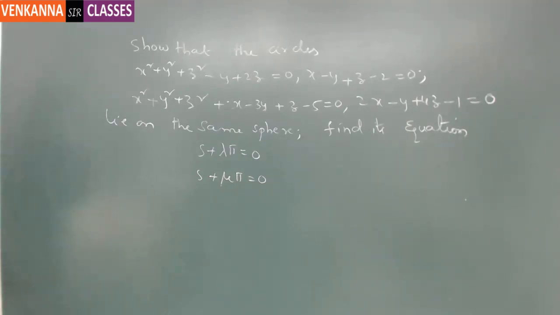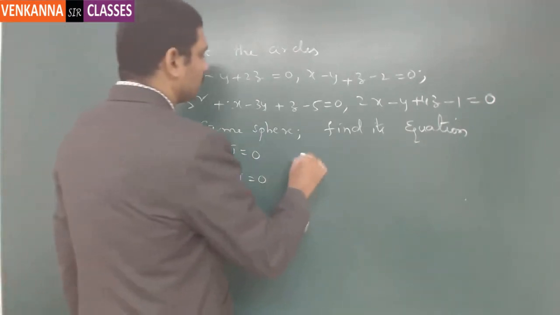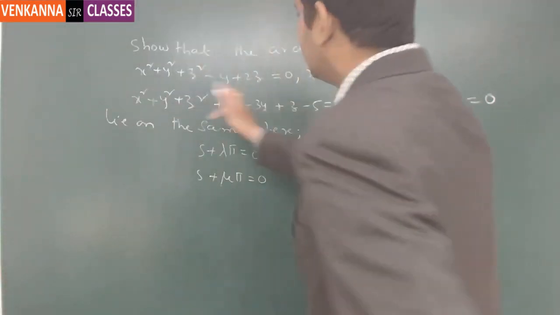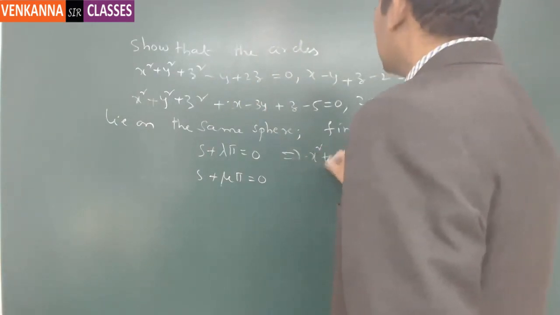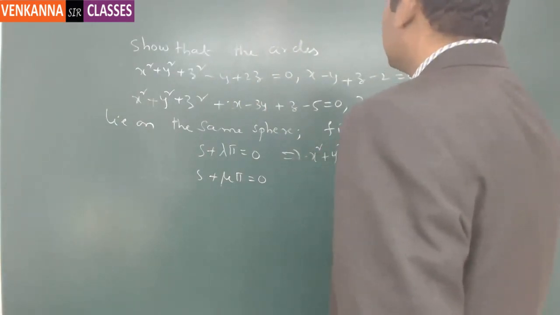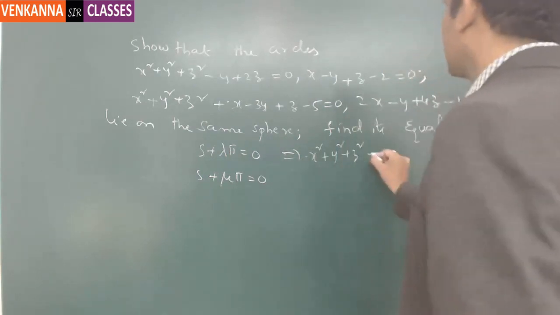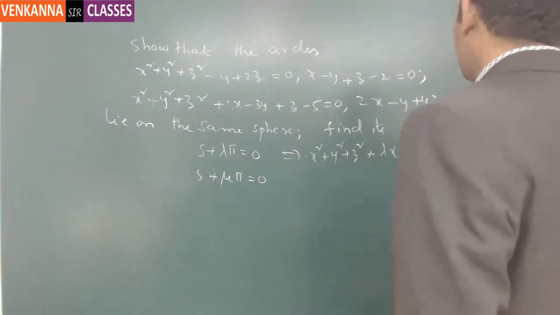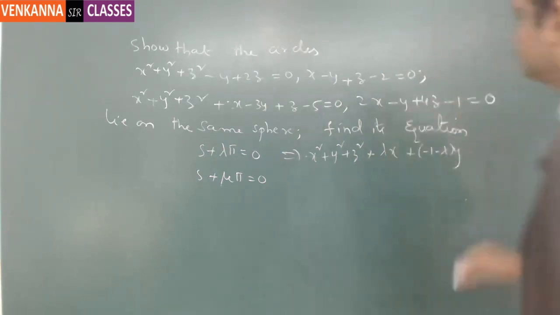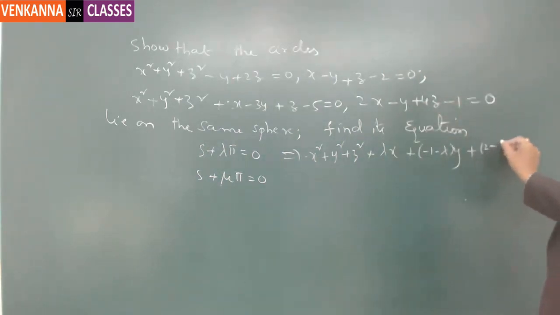So from the first one, by taking the terms common, I will write x square plus y square plus z square plus lambda x plus minus 1 minus lambda into y plus 2 plus lambda into z minus 2 lambda equal to 0.